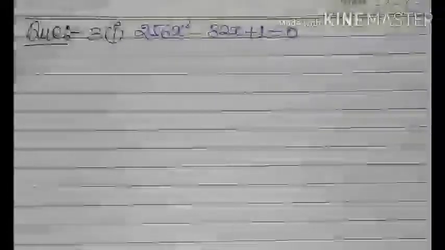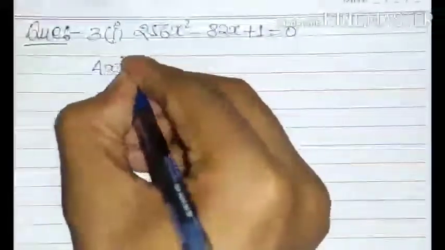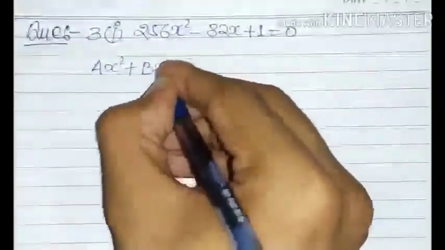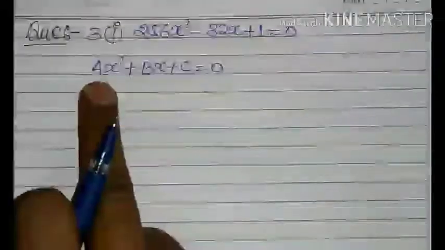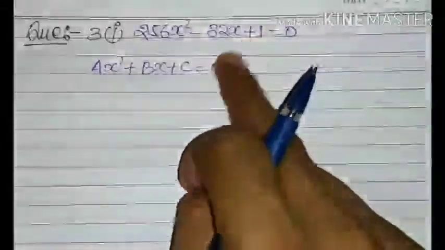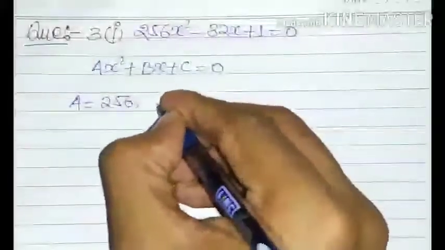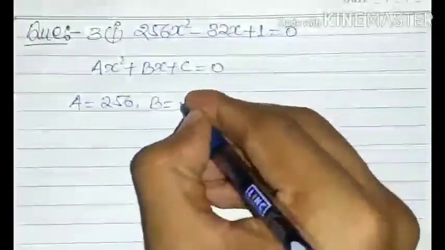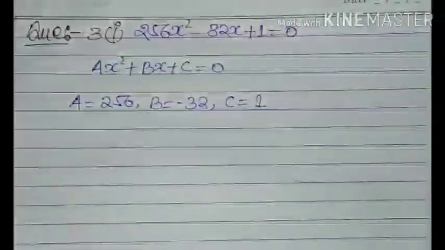Okay, I'm going to compare this quadratic equation with the standard equation ax square plus bx plus c equals to 0. This is the general quadratic equation, and comparing with these two equations, we will get a equals to 256 and b equals to minus 32 and c equals to 1.